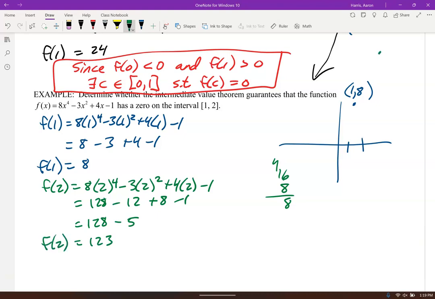Well, f of 2 is way up here at 123. 2 comma 123. So we don't know that it has a 0. It does not guarantee the existence of a 0.